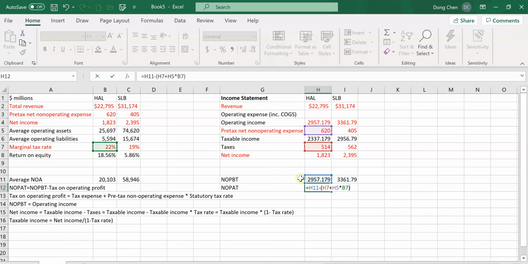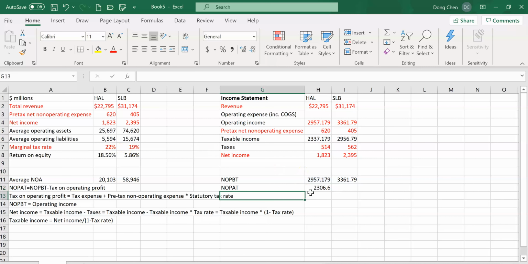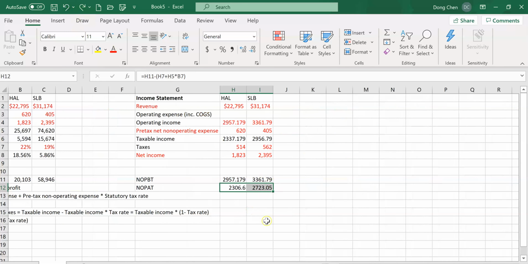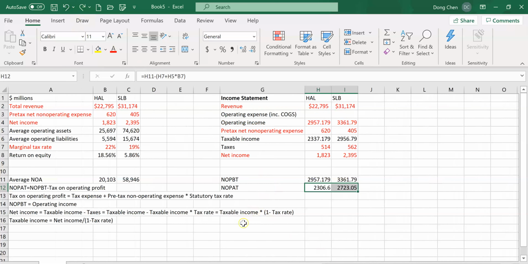Tax rate is right here. So that's basically my NOPAT. And then we can pull the cell to the other company to figure out NOPAT. Okay, I guess we should be fine with this NOPAT.